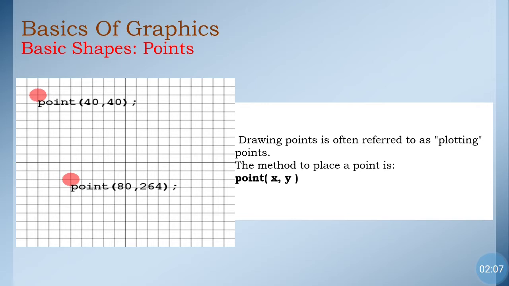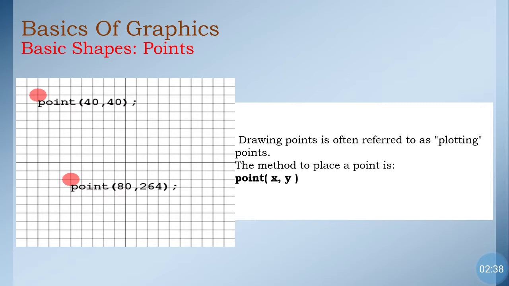The basics of graphics have different types, like basic shapes. The first is a point. A drawing point is often referred to as a floating point. The method to place a point is point(x, y).